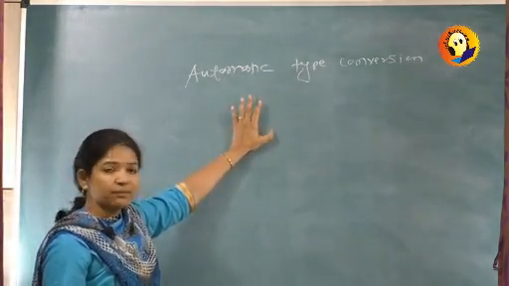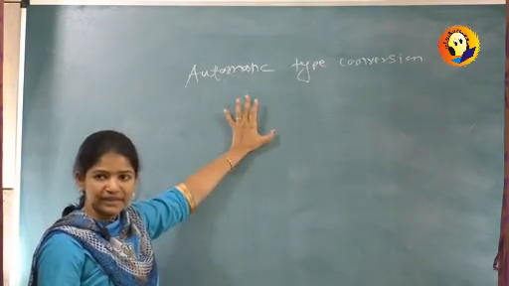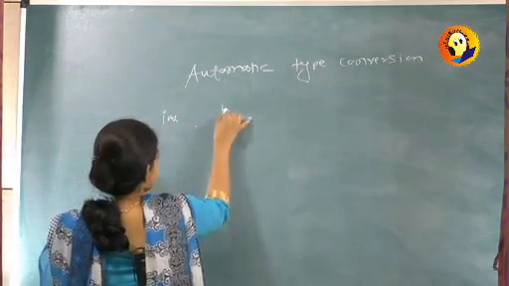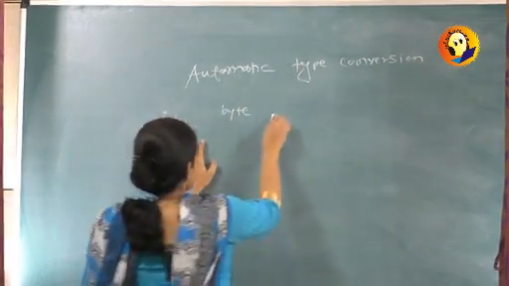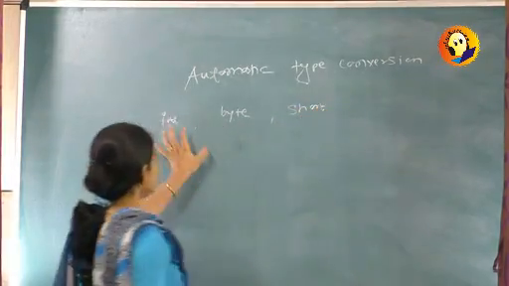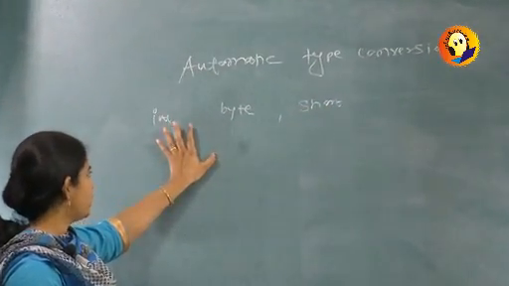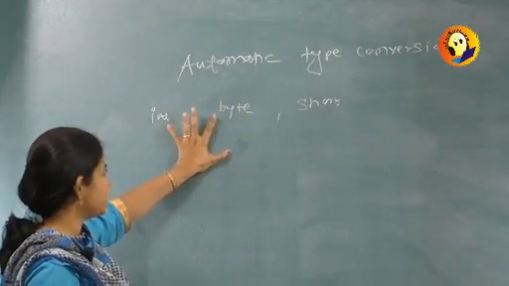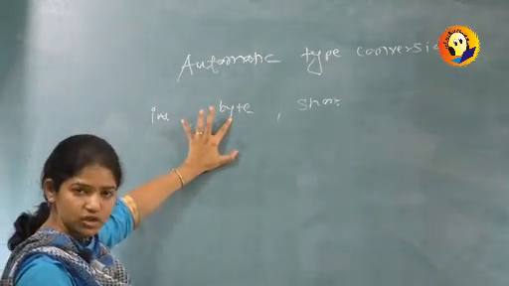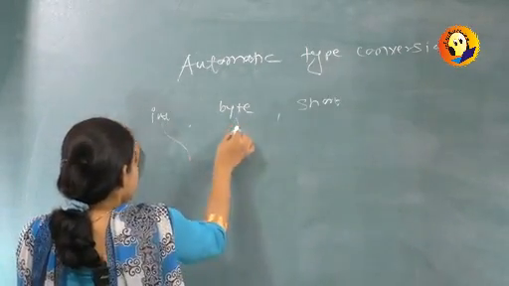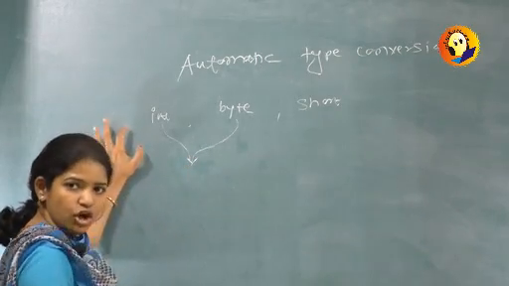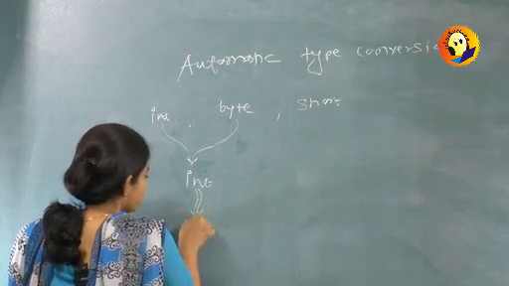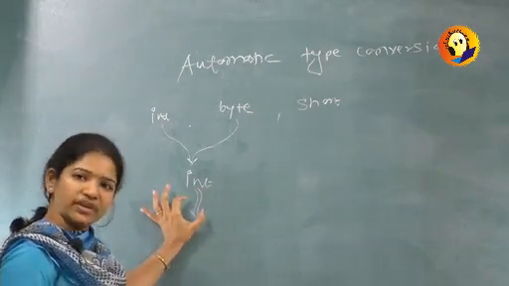So there may be variables of different types. Let's say the first variable is of integer type, the second variable is of byte type, or the third variable is of short type. If we consider 2 variables, one of integer type and another of byte type, then we need to consider both the operands as integer type, and we need to consider the result as integer type.